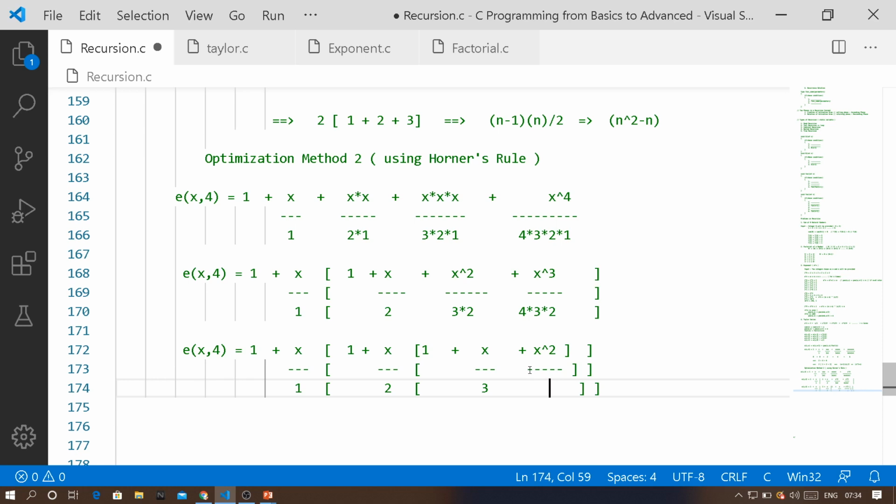So when you take 2 outside from 4 multiplied by 3 multiplied by 2, what remains is 4 multiplied by 3. Okay, fine. So that's it coming to these internal terms.